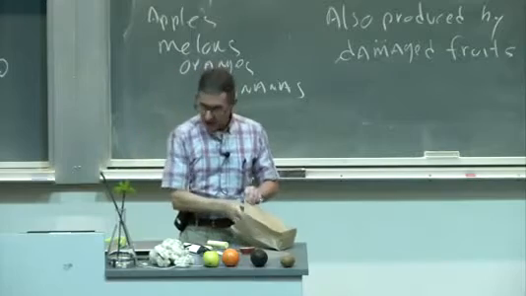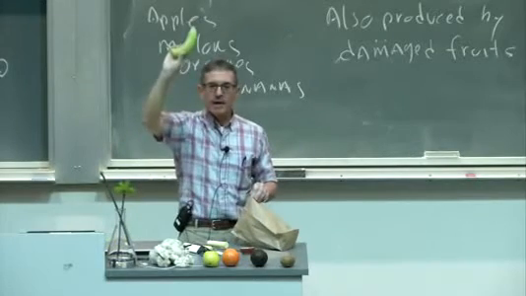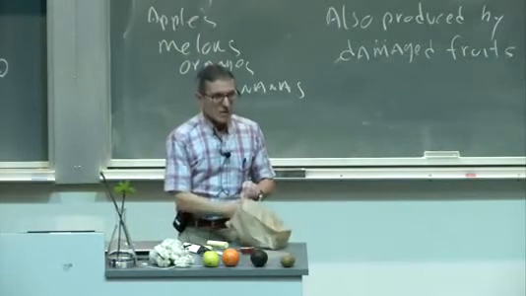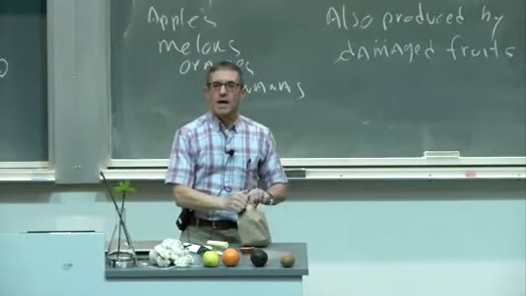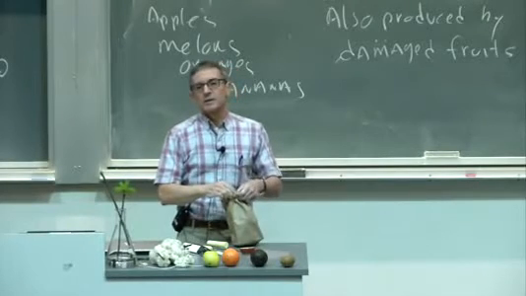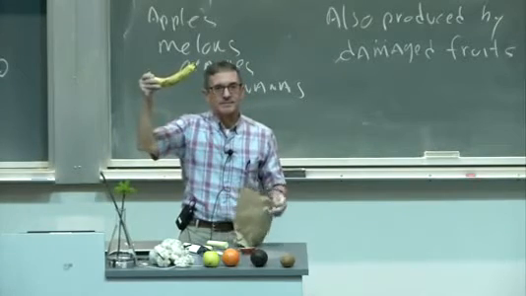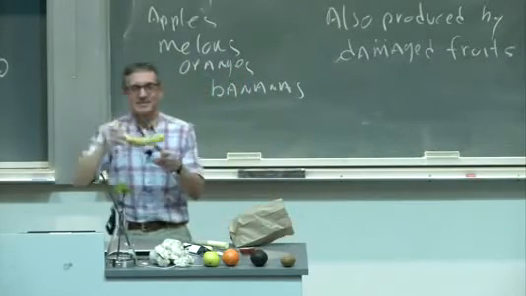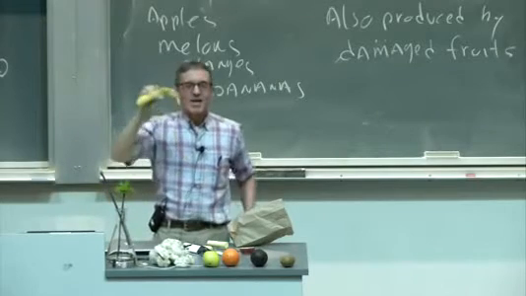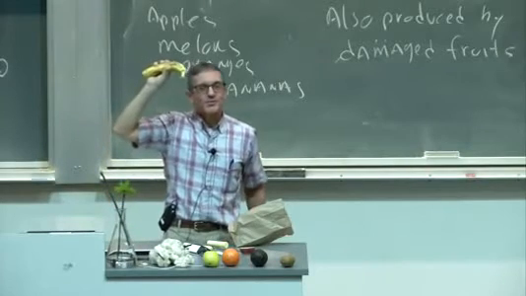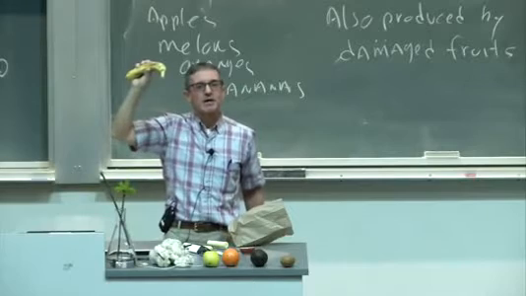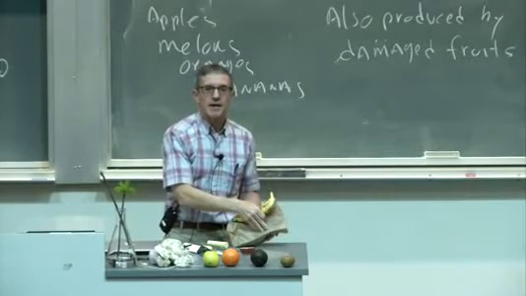Put it in the bag with the green banana, then take the bag and seal it, and wait for, in this case, a very short period of time, and then the banana will ripen. Ripening occurs as a result of an accumulation of ethylene in the bag.